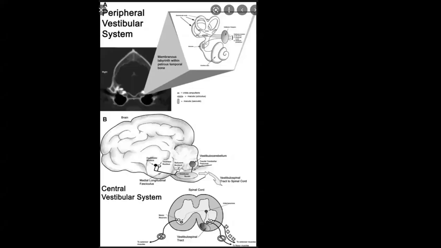Okay, so is there anything else we should cover with differentiating central versus peripheral? I think we've named the main things. What about other cranial nerves being affected?